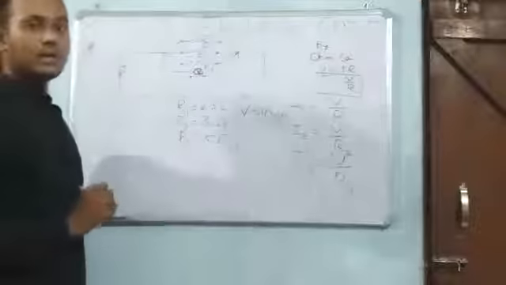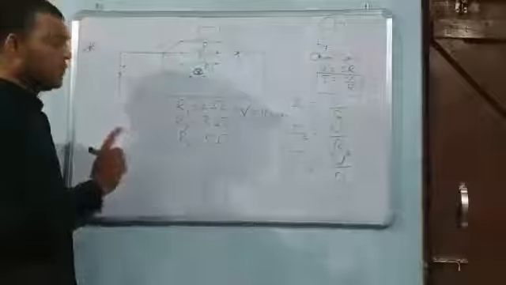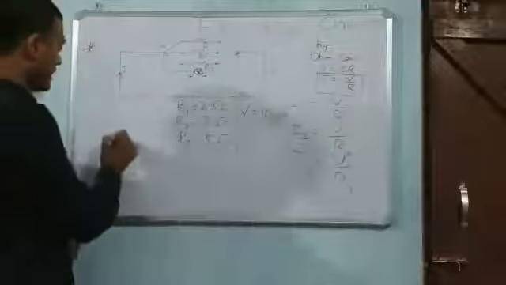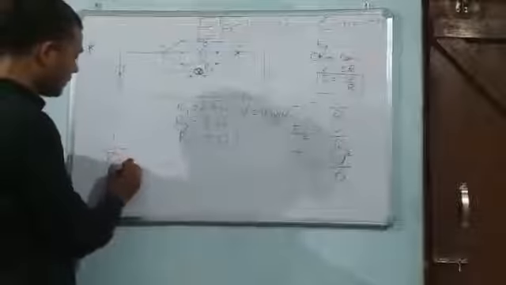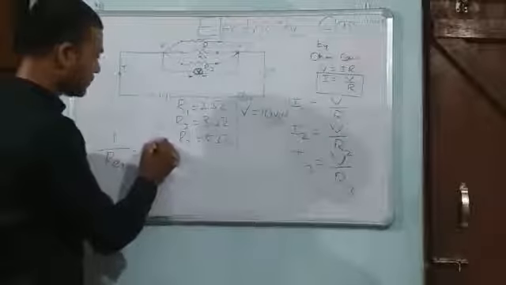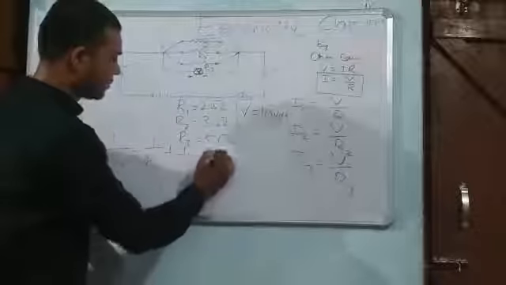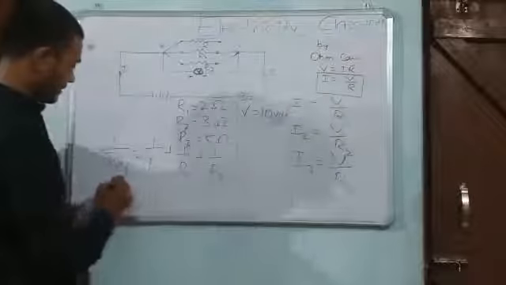So we need to find the equivalent resistance using the formula. Whenever resistors are placed in parallel combination, we have 1 upon R equivalent is equal to 1 upon R1 plus 1 upon R2 plus 1 upon R3.